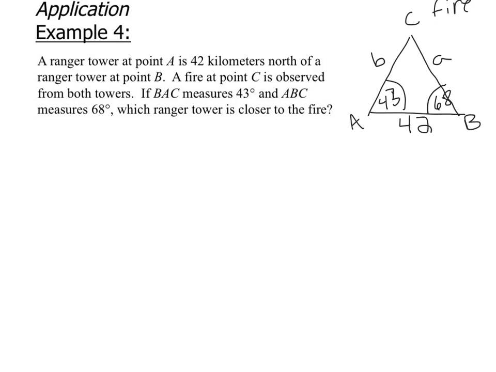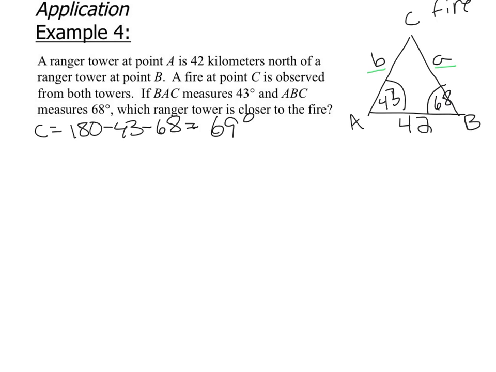So in order to find out which is closer, I need to find out how long B is and how long A is and see which one is closer. So once again, I can find C by simply taking 180 minus 43 minus 68, and then I know C is equal to 69 degrees.